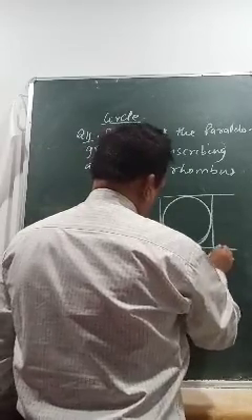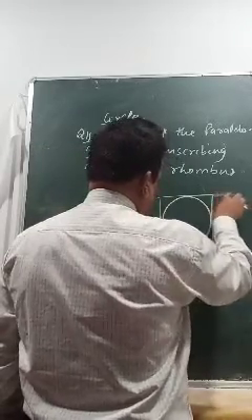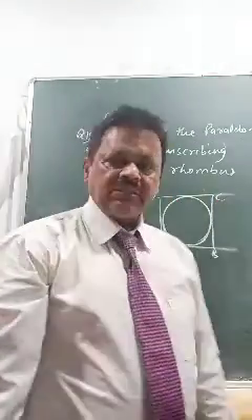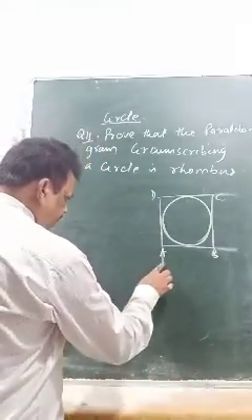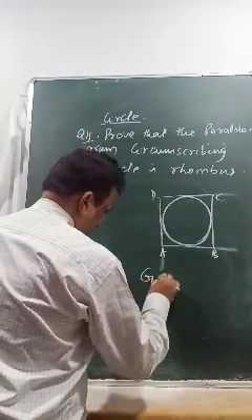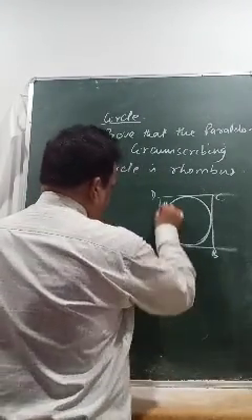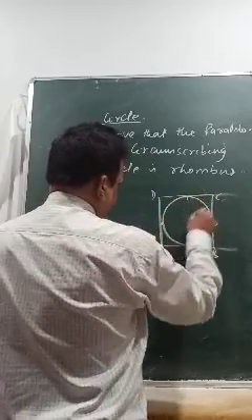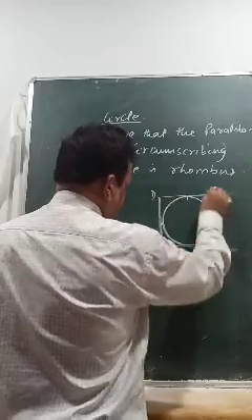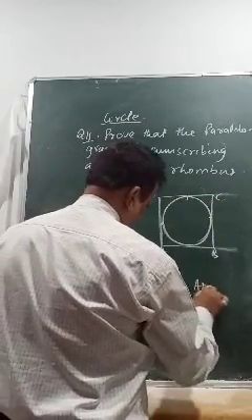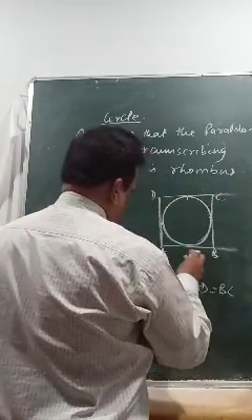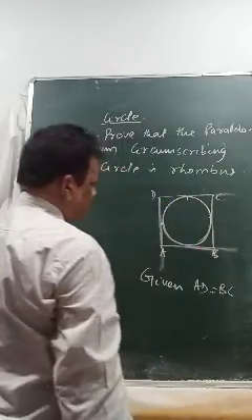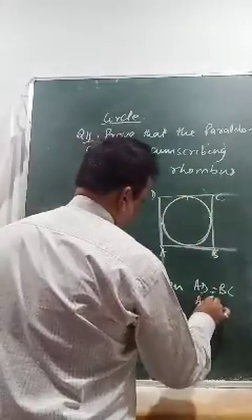A, B, C, D. Parallelogram means what? Opposite sides are equal. Given AD equals BC, then AB equals BC.